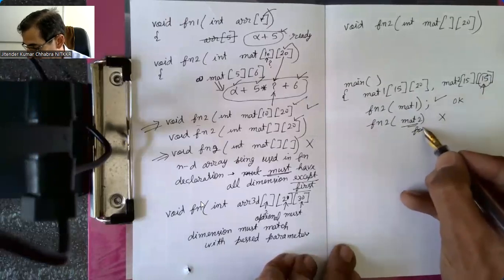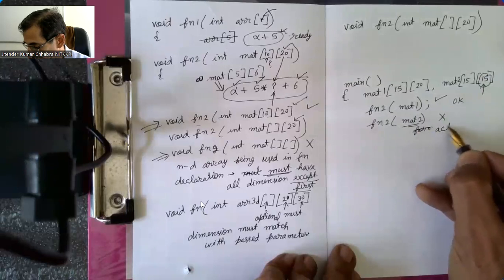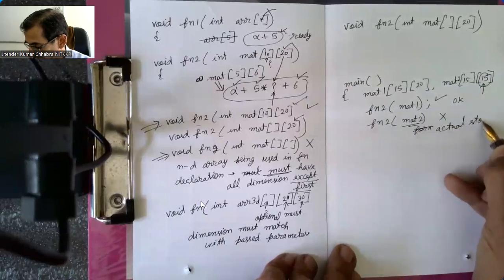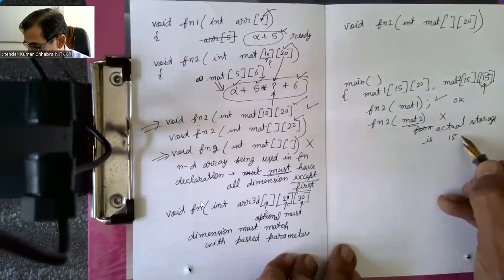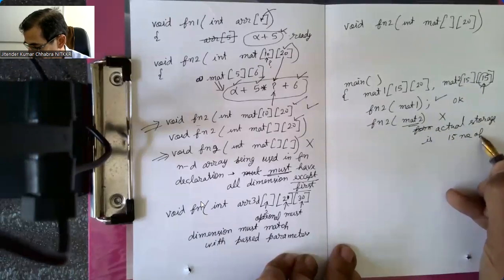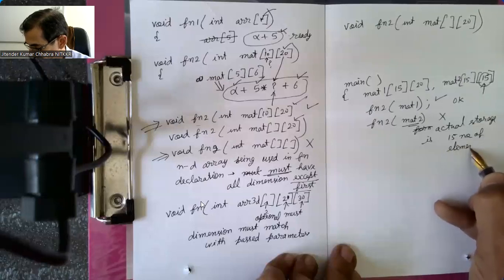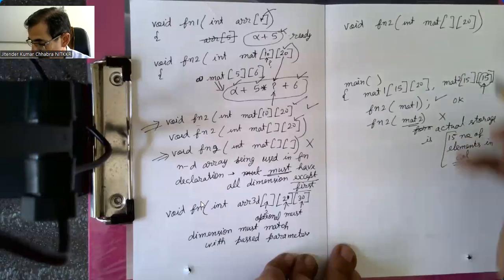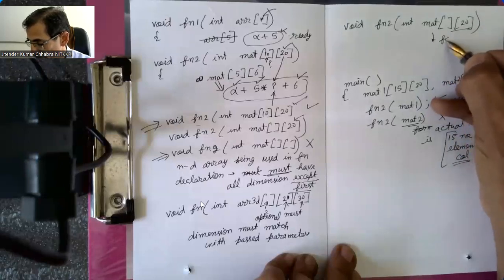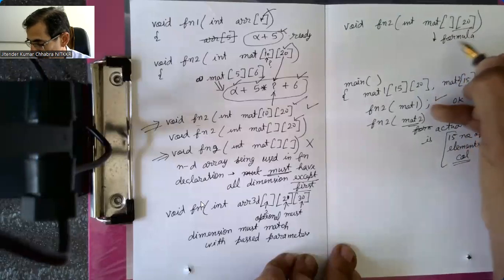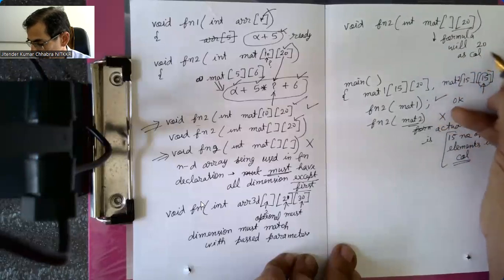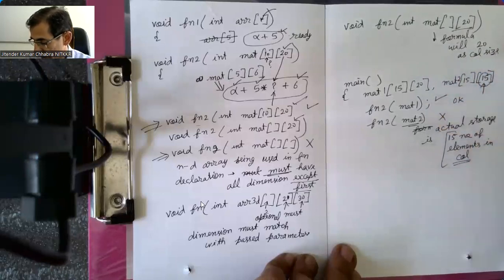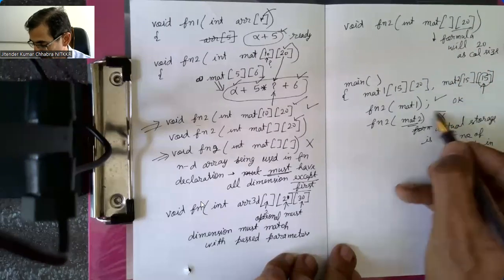Your actual storage is 15-column based, but the formula used here will use 20. Hence, this passing will be incorrect.